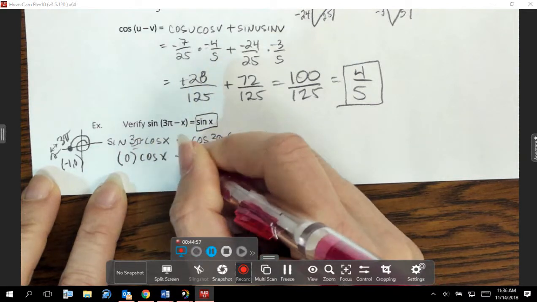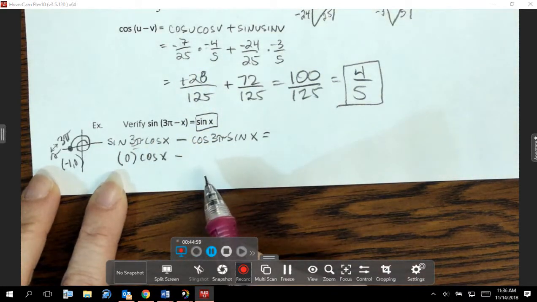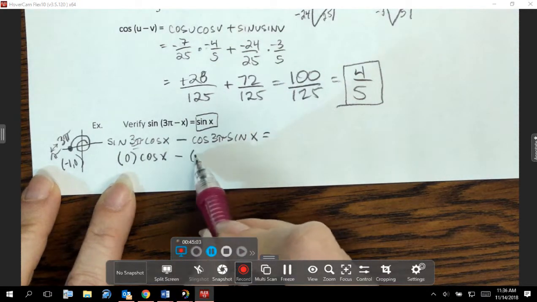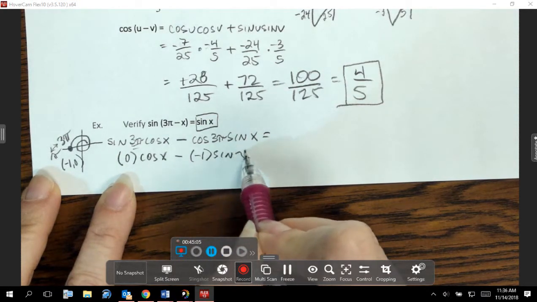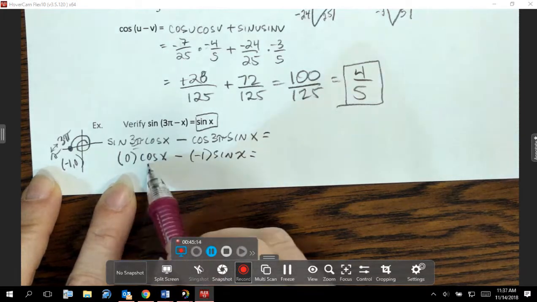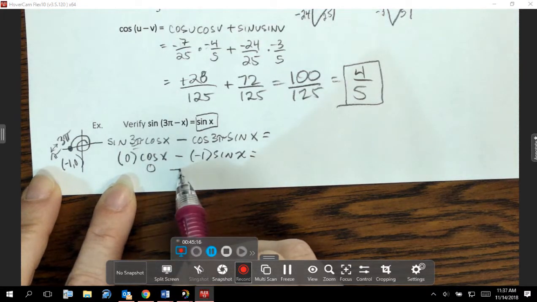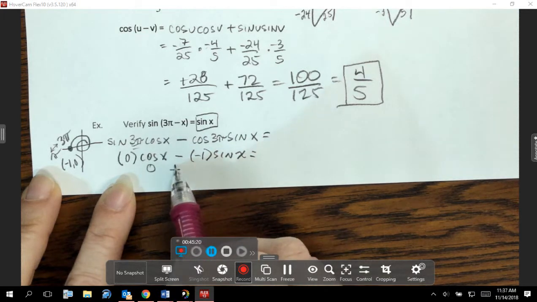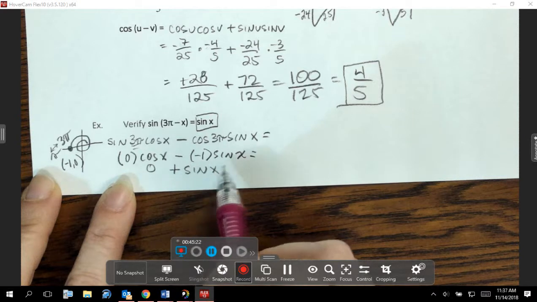Cosine x minus, ooh, should we do the same thing with cosine 3 pi while we're at it? Yeah. So what is cosine? Okay. So now, what's 0 times cosine x? And then if I subtract a -1 sine x, I'm adding the sine x.